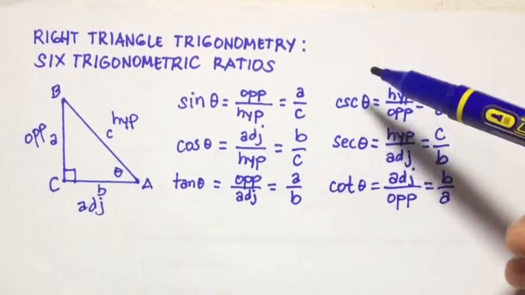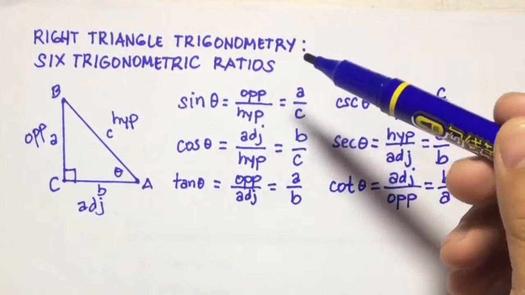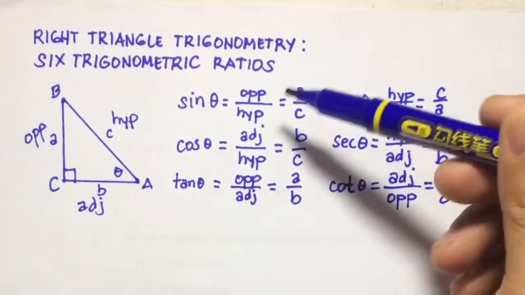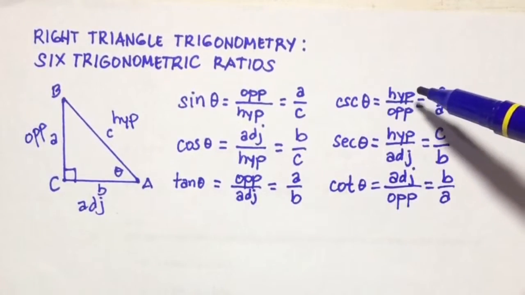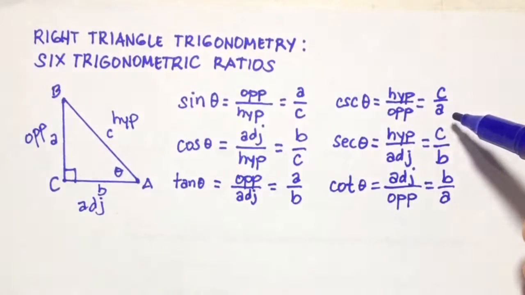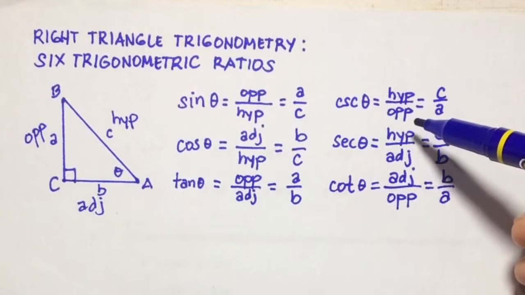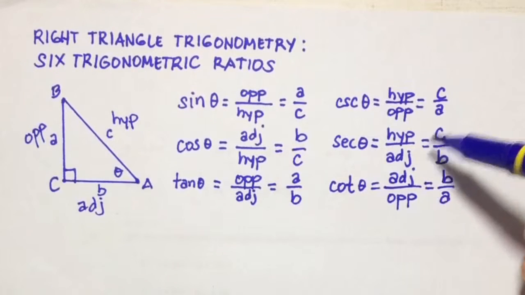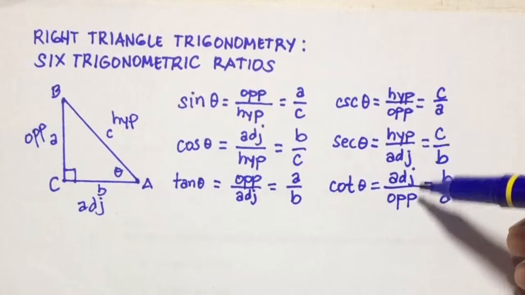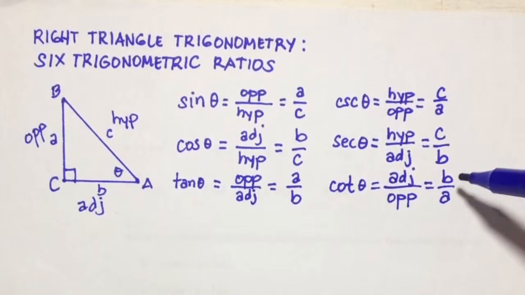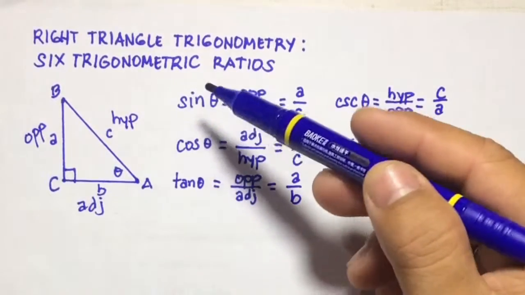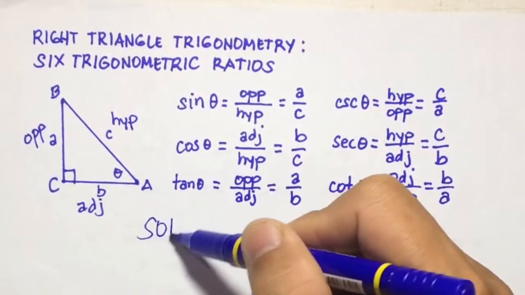Then the 3 trigonometric ratios here are just the opposite of the 3 here. So these are just reciprocals of the 3. So cosecant of theta is equal to hypotenuse over opposite side, C over A. Secant of theta is equal to hypotenuse over adjacent side, or C over B. And cotangent of theta is equal to adjacent over opposite, B over A. Now these 3 here follow the mnemonic SOHCAHTOA.